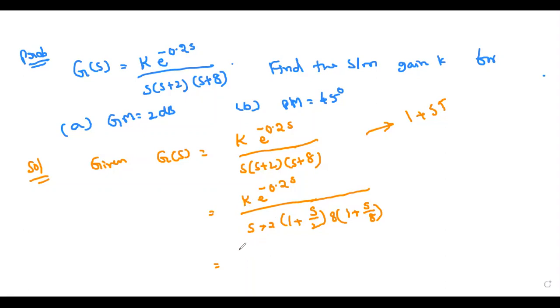So k by 16, what is 1 by 16 value? 0.0625 k into e power minus 0.2 s divided by s into 1 plus, this 1 by 2 is 0.5, and 1 plus 1 by 8 is 0.125.